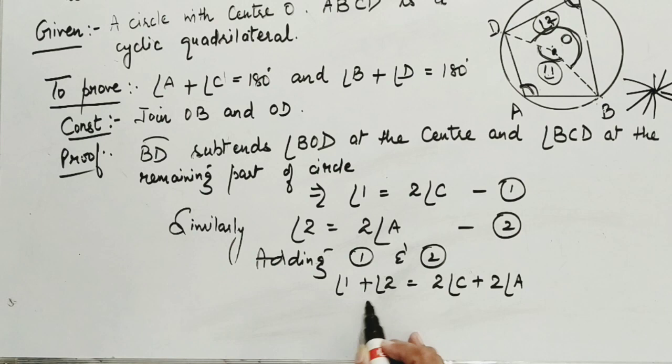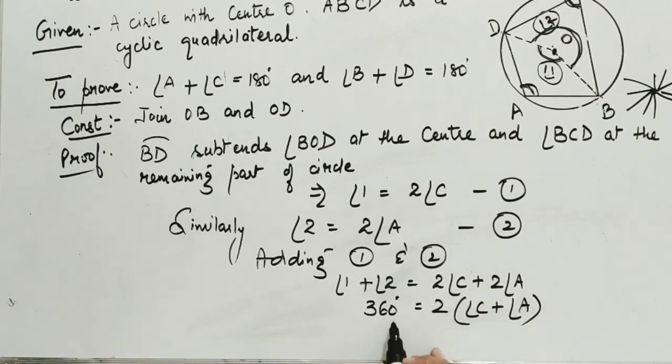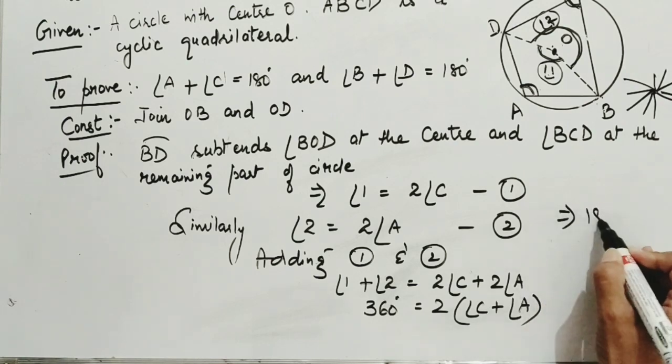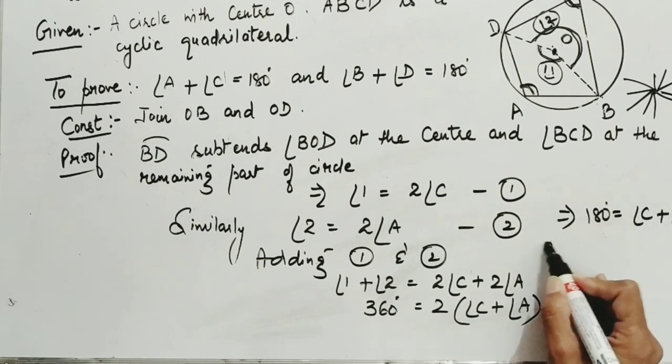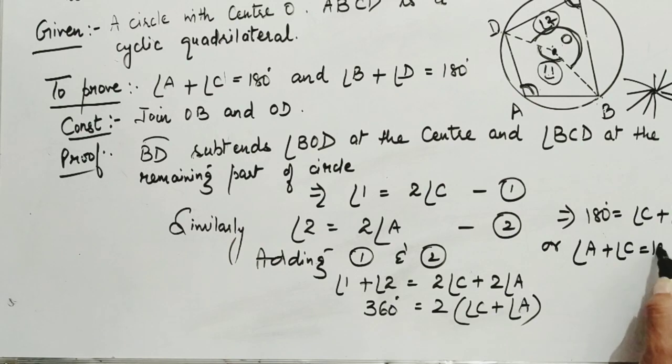So these two add up to 360. 2 comes common, C plus A remains, and from there 180 is C plus A, or angle A and angle C add up to 180 degrees.